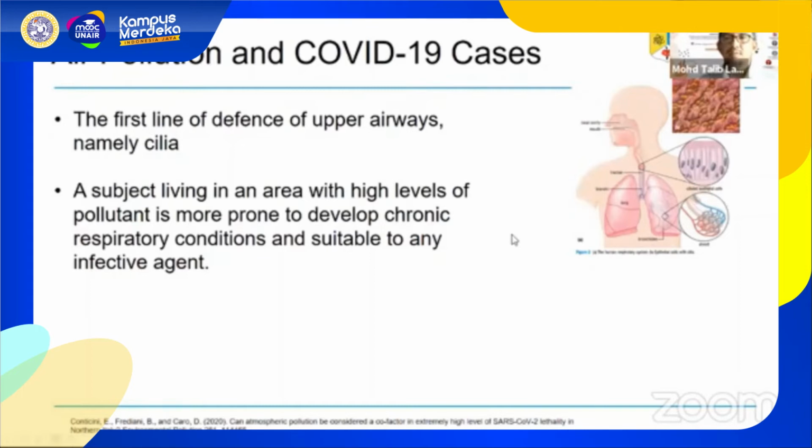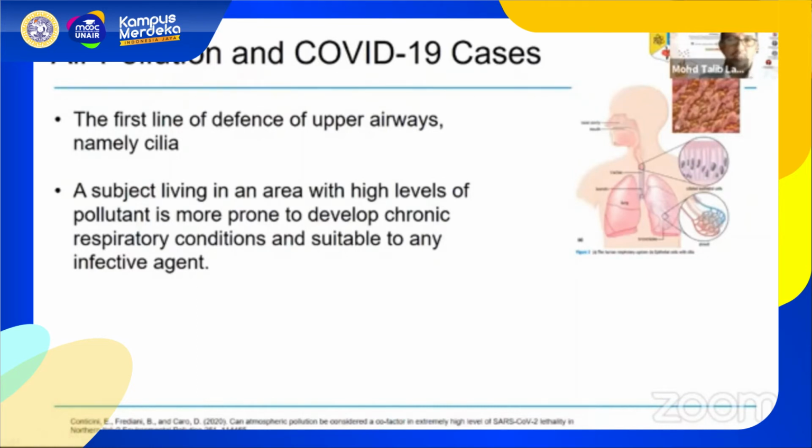So when people stay in a busy area, for example an area affected by air pollution, the system considered as the first defense of the respiratory system is not working very well.